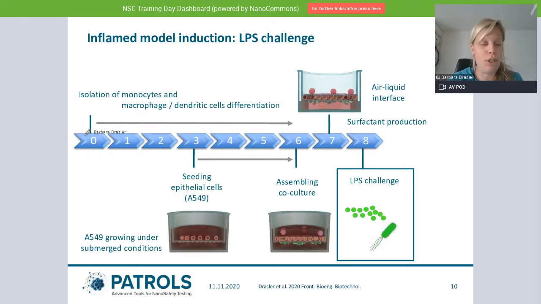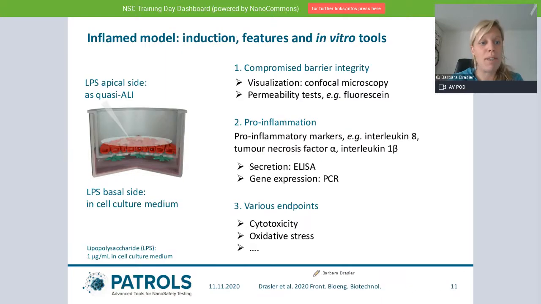So how do we include this in our experimental setup? After the model has been at air-liquid interface for 24 hours, we can challenge it with LPS. We optimized this in our work so that LPS can be applied either from the apical side or from the basal side of the model.